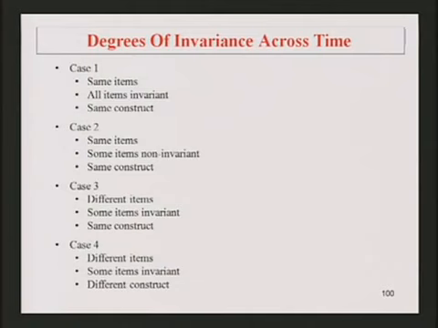What we have studied is the case where we have the same items at all the different time points. And we started out with a baseline assumption that all items were invariant with respect to lambda and nu. And if they are, we certainly feel comfortable saying that we have the same construct at each of the time points.